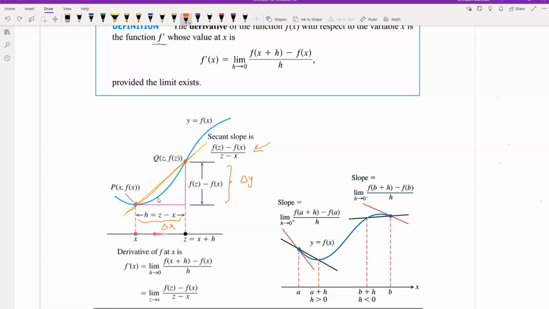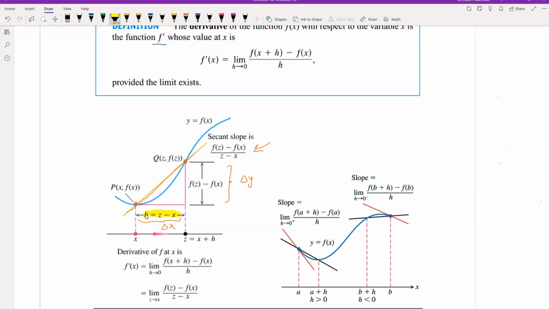So based on that, the derivative of f at x is f prime of x equal to the limit as h approaches 0 of f of x plus h minus f of x divided by h. And that is equal to the limit as z approaches x of f of z minus f of x divided by z minus x.